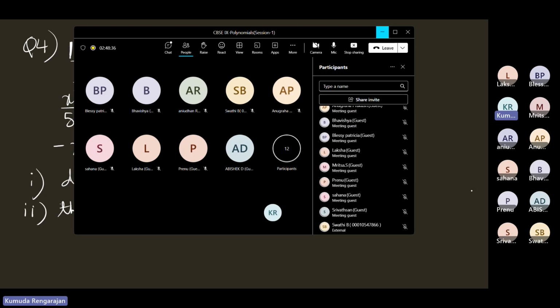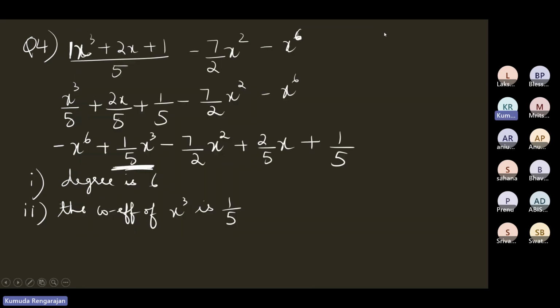If it has to be presented with the terms in the correct order, like here, to understand the polynomial better and answer the questions correctly, do that first and then answer the questions.